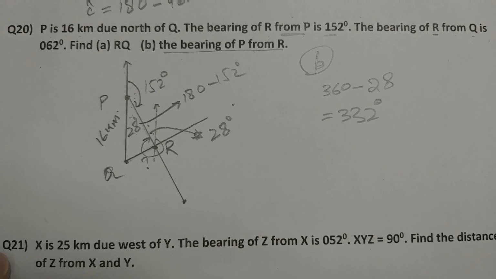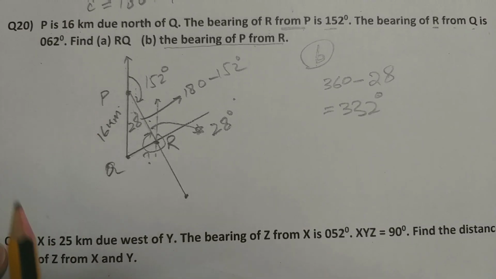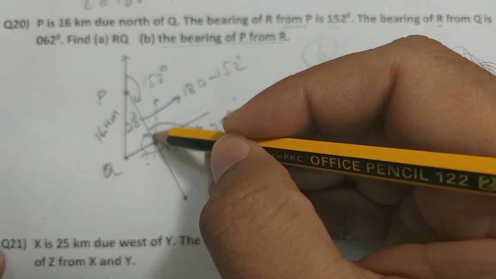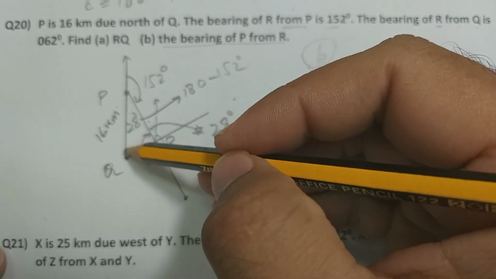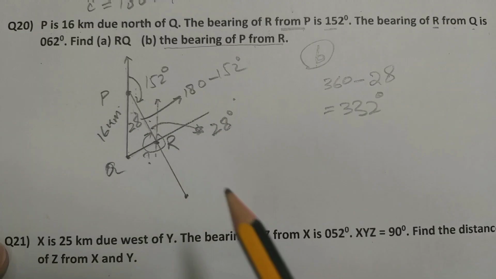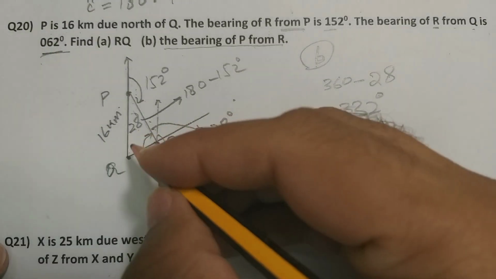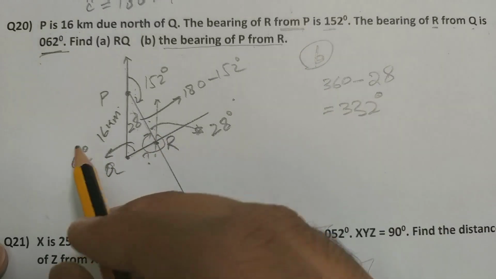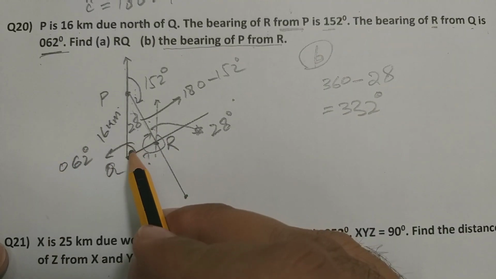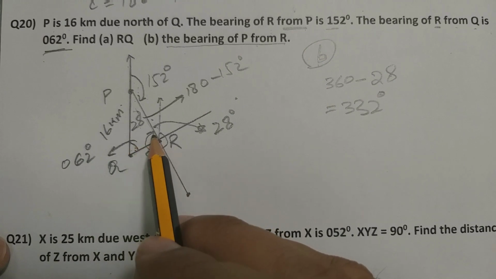Okay. Now in the first part we have this angle here, 62. This is how much? 62 given, 62 degrees. So 62 plus these two angles, minus from 180, you find this angle.